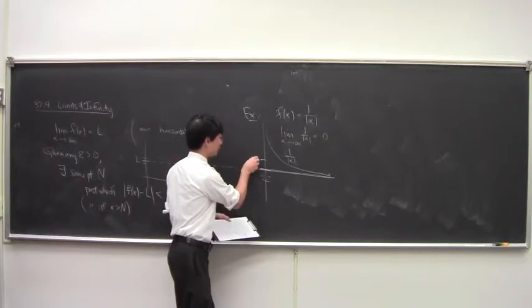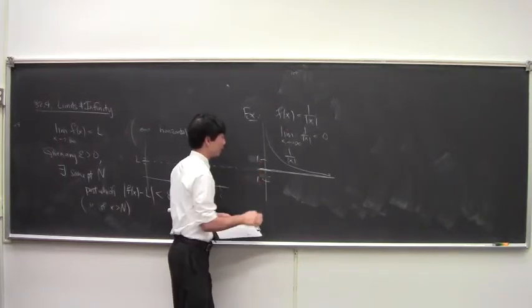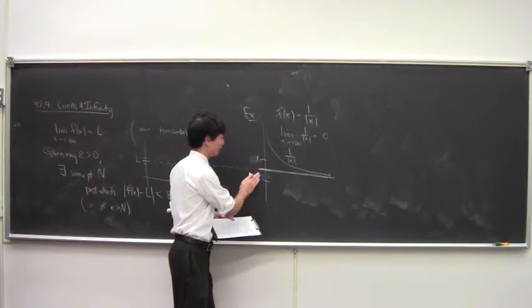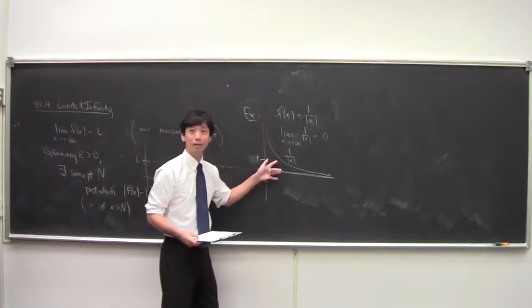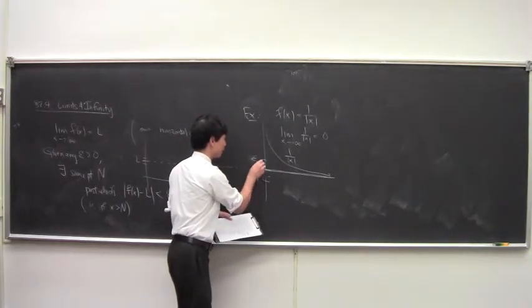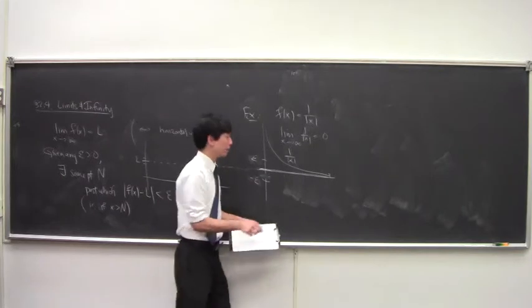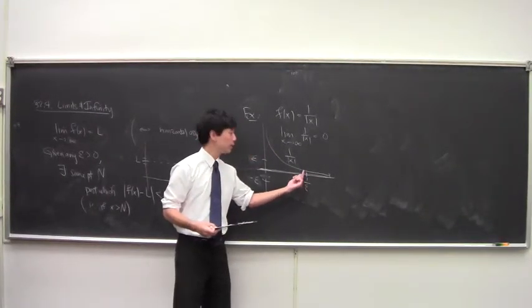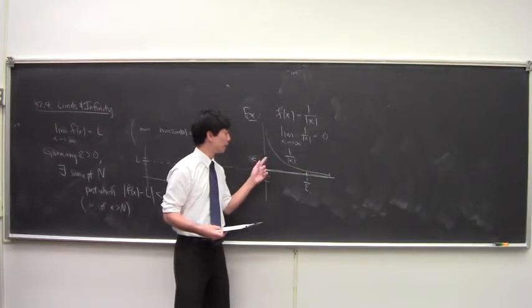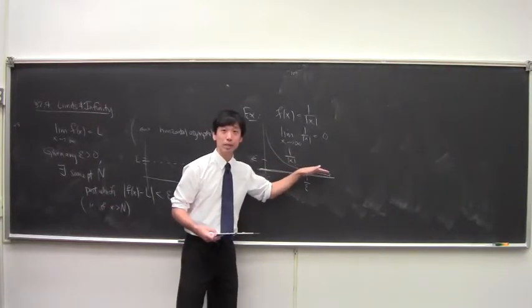What if I need to stay between -1 and 1, Alfred? Well, I was going to say 1 over epsilon. 1 over epsilon, yeah, thank you. 1 over epsilon will do. As long as I am right at 1 over epsilon, I'm going to hit that value, and then I'm going to get closer to 0.